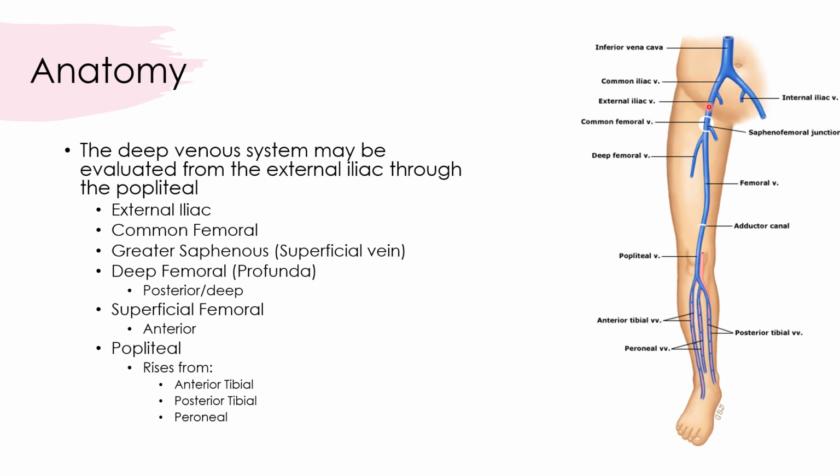And that external iliac vein, which is what leads us to the leg, is going to occur at the anastomosis of our greater saphenous vein, as well as our superficial femoral vein and our deep femoral vein. And as those all come together and reach the inguinal canal, that small area there is called our common femoral vein.